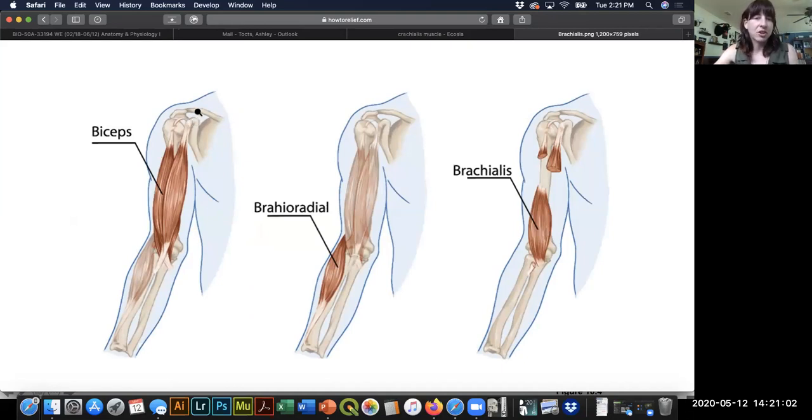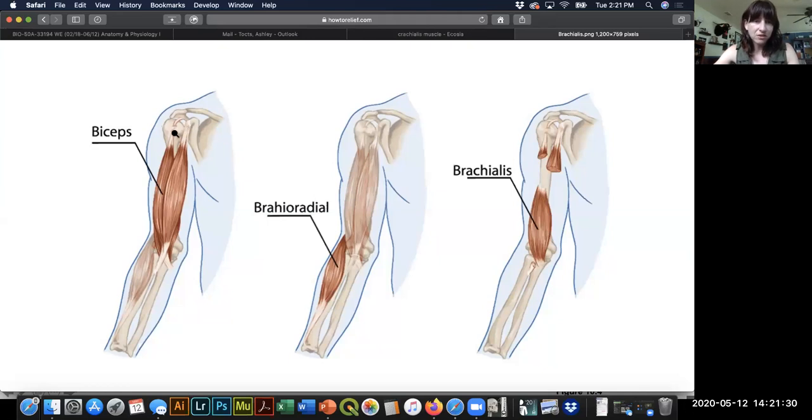Here's the clavicle, with the end that interacts with the acromion of the scapula, and that's the acromial end of the clavicle right there. And then the head of the humerus, which is fitting into the glenoid cavity of the scapula, right? So that's the socket of your shoulder joint.